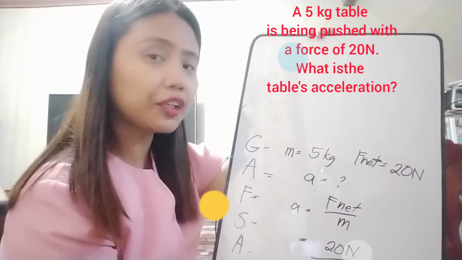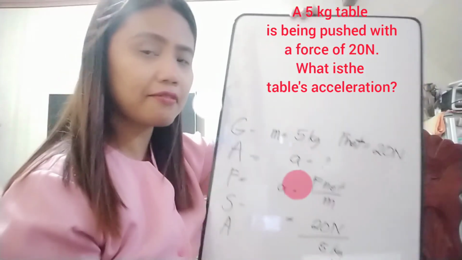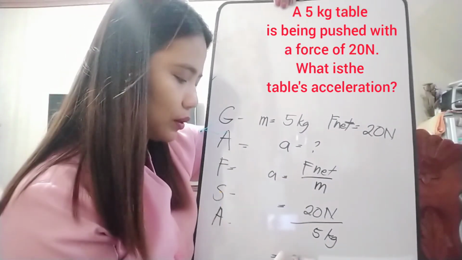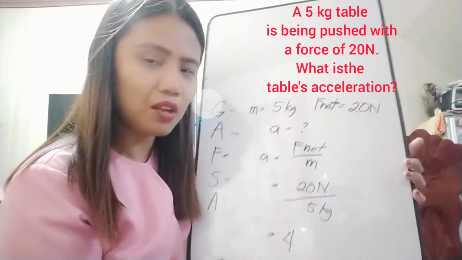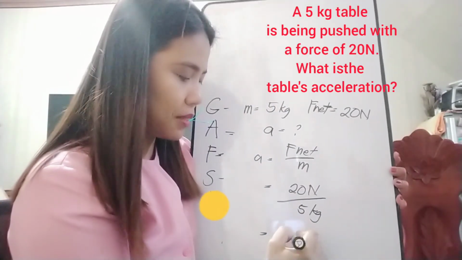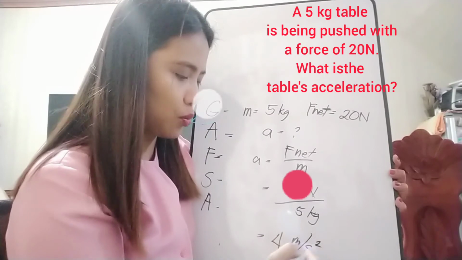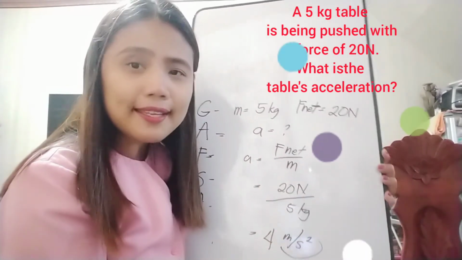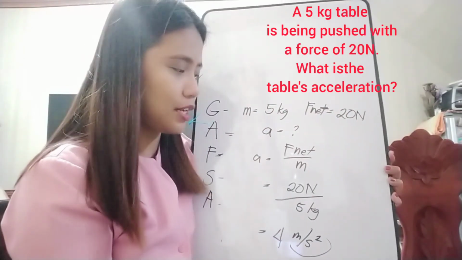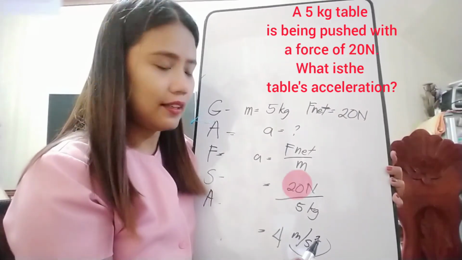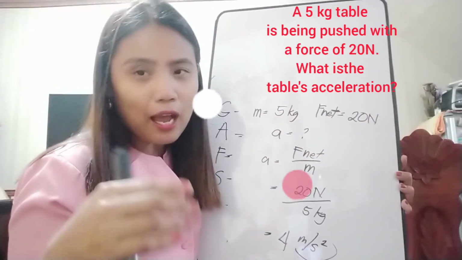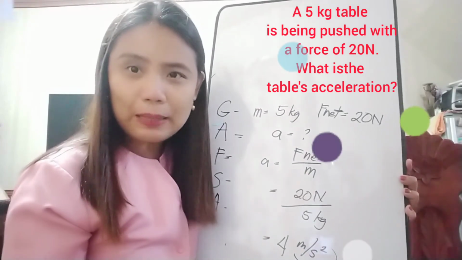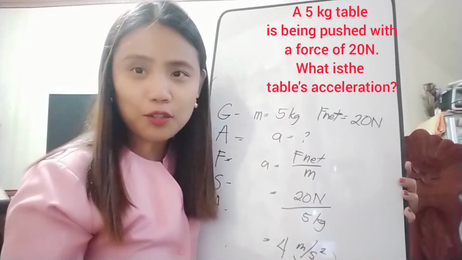So, the answer is 20 divided by 5. That is equal to 4 meter per second squared. Meter per second squared is the unit of acceleration. I hope that you can now solve problems in acceleration on your own.